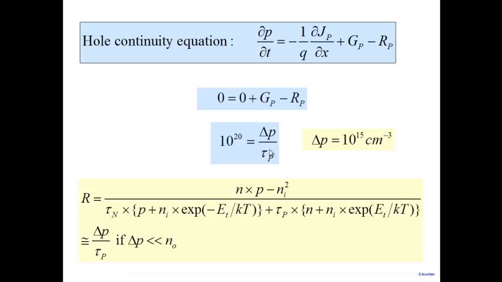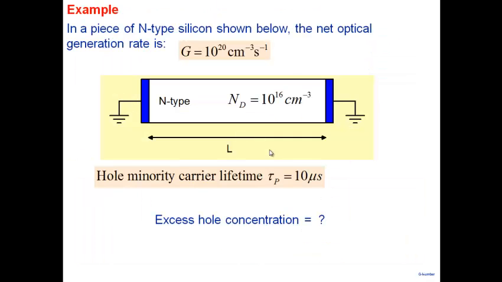And the issue is, how do you increase tau p? What do you think? Recombination is occurring due to what? Due to defect levels. I want high lifetime, which means a smaller number of defect levels. So how do I get fewer defect levels? I have to make it a very pure semiconductor. Very pure means very expensive. Right? So you end up with all those issues here. We'll discuss this in more detail.